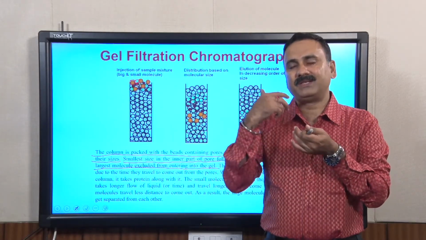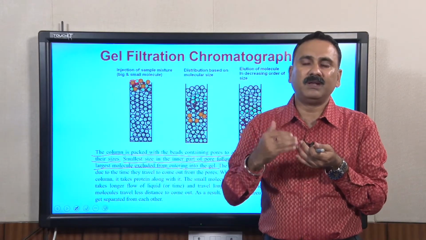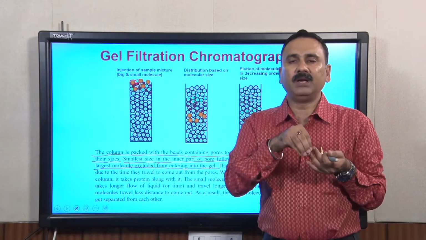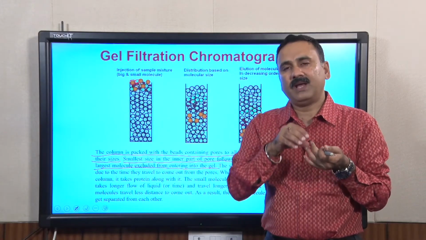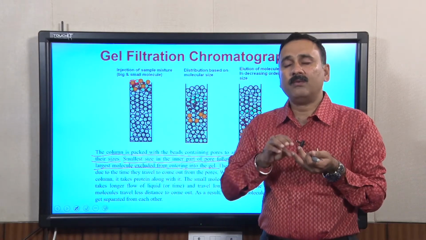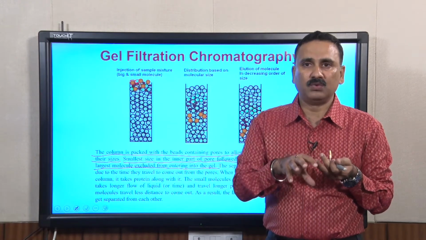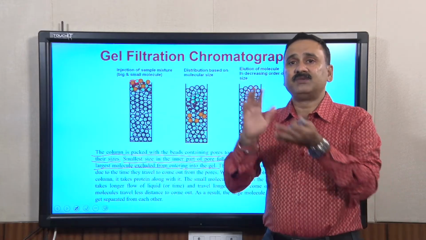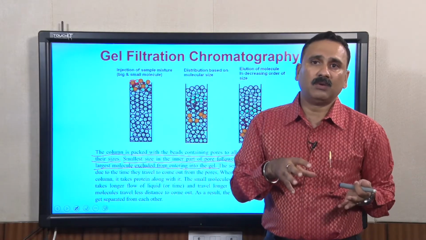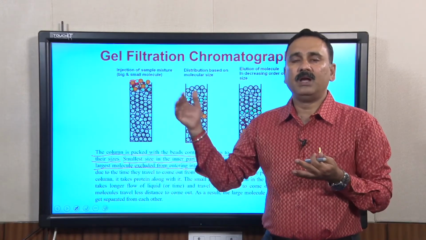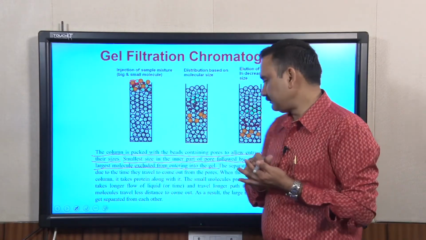So, it will get exchanged with the buffer present inside the pores, and the smallest molecule is going to sit at the bottom of the pore, whereas the larger molecules are going to sit on top of the small molecules, and the largest molecule which will not enter into the pore is going to be excluded from these pores, and that will remain in the buffer phase.